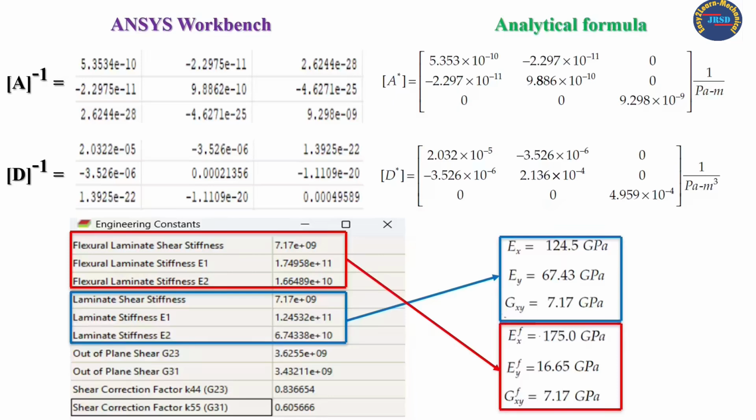At the bottom you can see the engineering constants obtained from ANSYS workbench, and on the right side those obtained from the analytical formula. The red color shows the flexural constants, whereas the blue color shows the in-plane constants. This way we can compare the analytical and ANSYS workbench results.